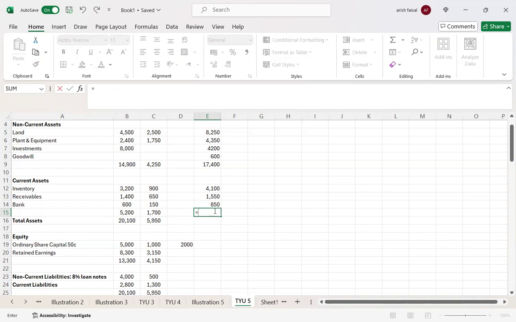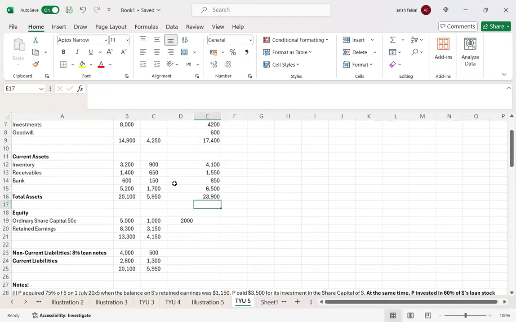So this gives me total current assets of this plus this and plus 850 finally. So this gives me a 6500 balance, and my total assets will become this non-current assets total of 17.4 and then 6.5 for my current assets, and that will give me a total of 23,900 consolidated total assets actually.